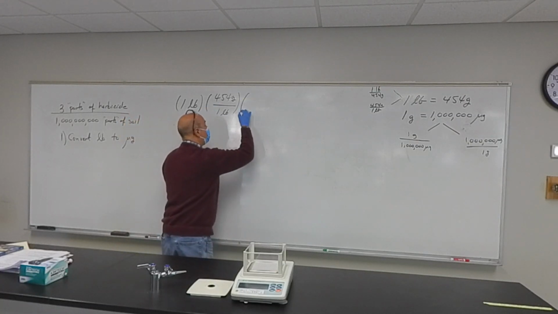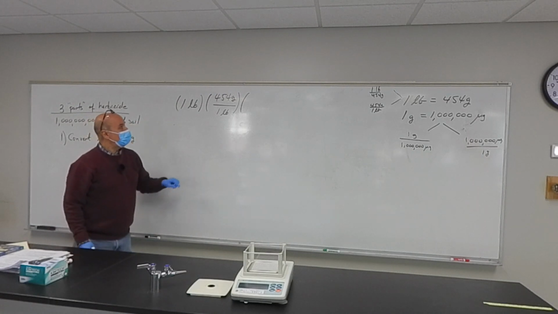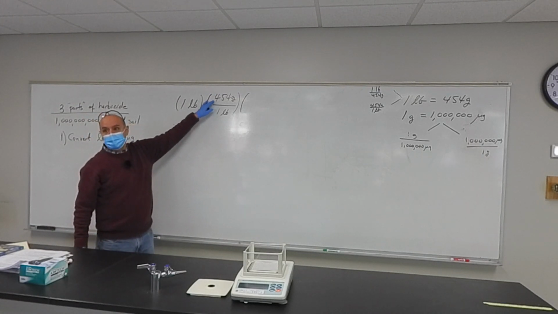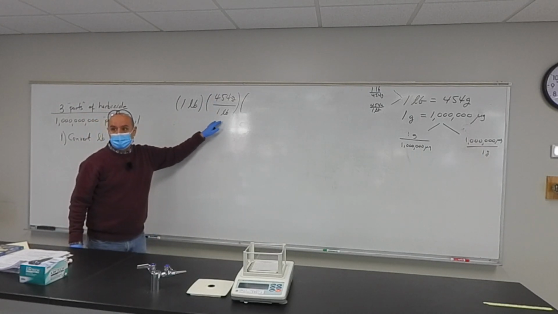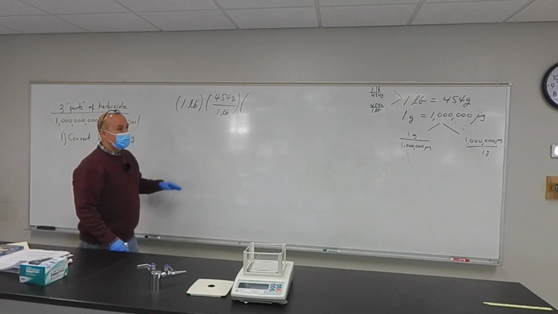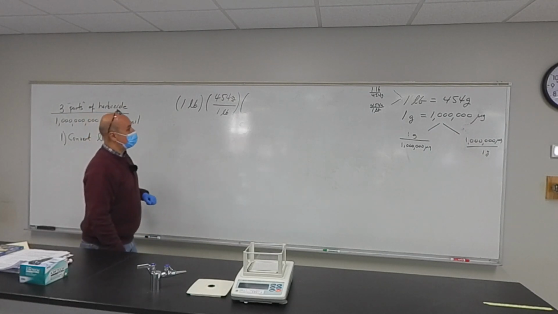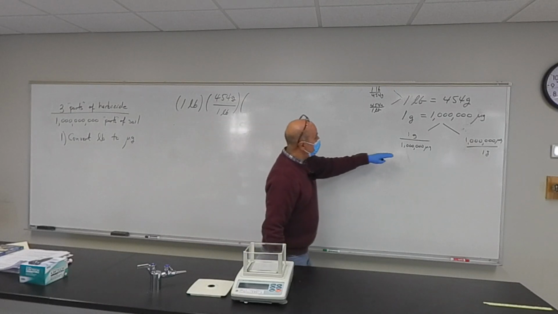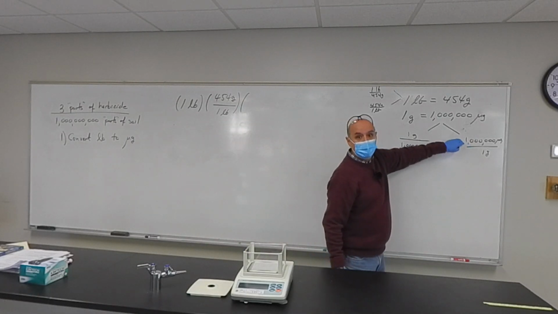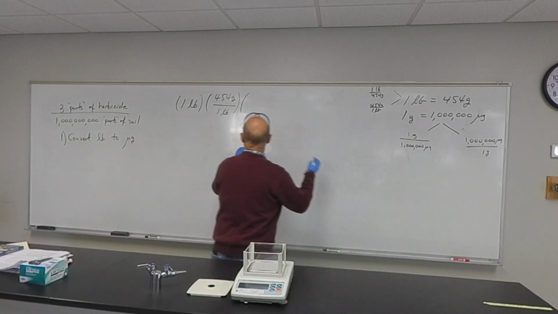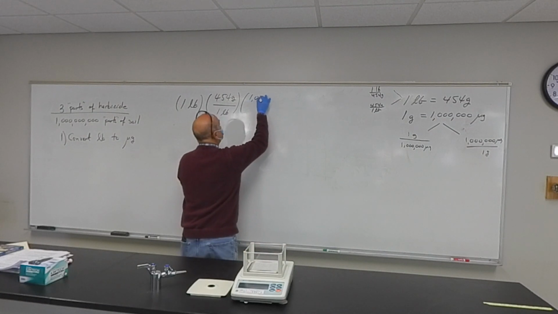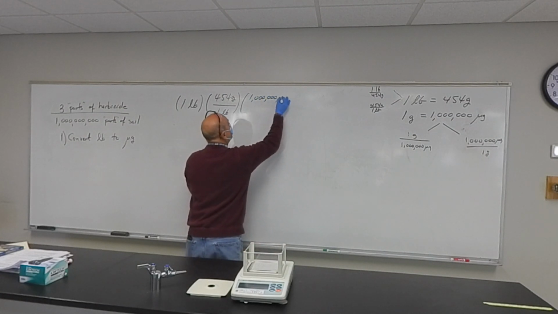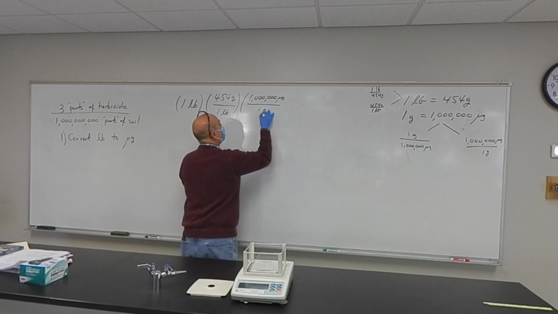Now let's add a second conversion factor that would eliminate grams and leave us with micrograms, because the answer is in micrograms. So which one has the micrograms on top? This one. So 1,000,000 micrograms divided by 1 gram.